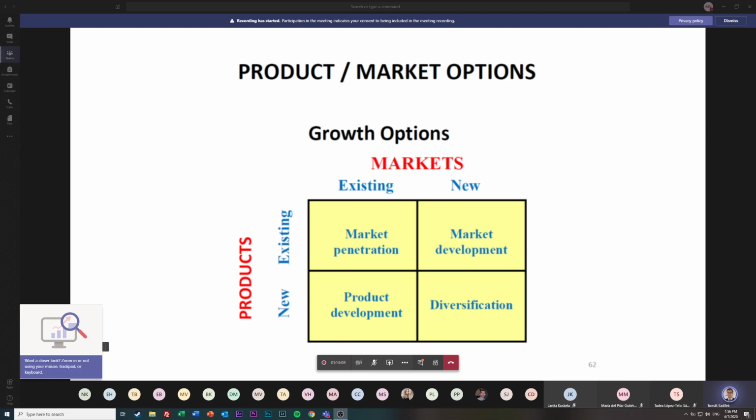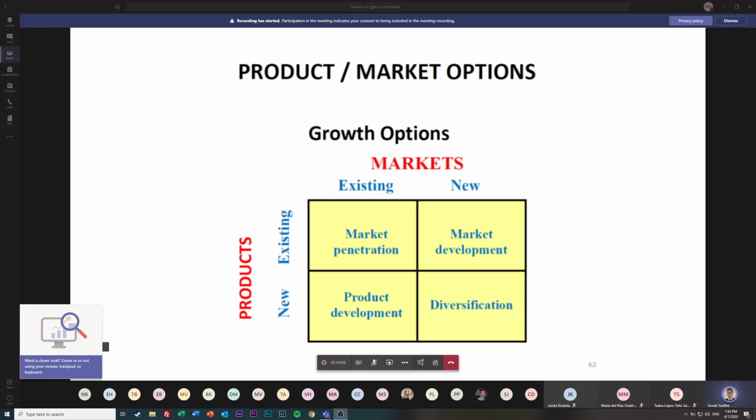If the company already operates in a market, but we are developing a new product, it's a situation of product development: existing market, but a new product. We are going to speak about product development, I think, within two weeks, as an introduction to product management. What are the typical stages and how does a typical strategy look?